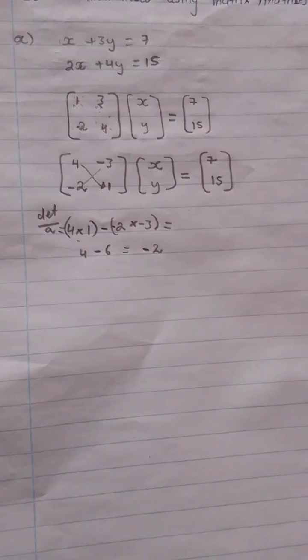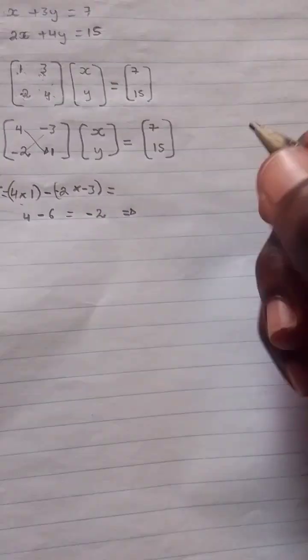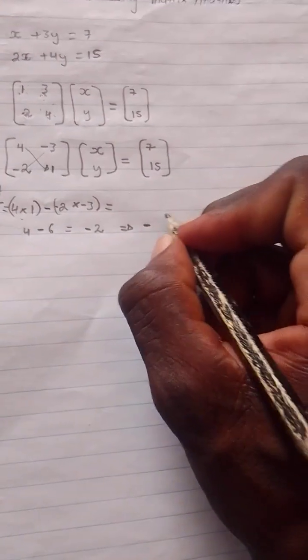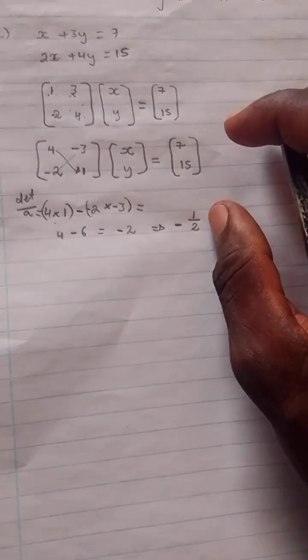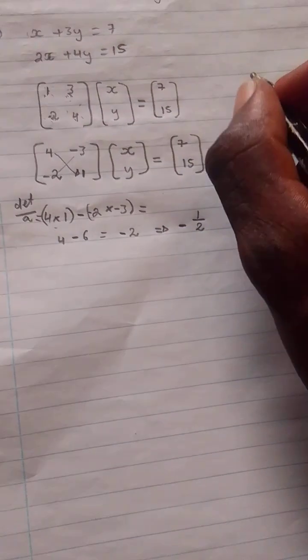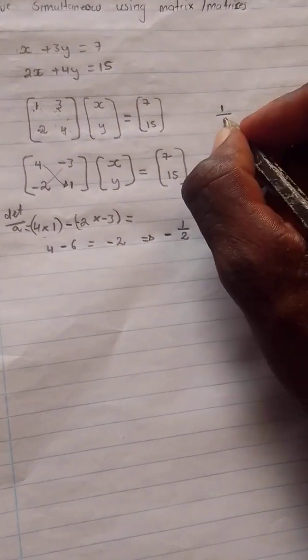And then you find the inverse of this matrix. You can write it like this. You can say it is negative 1 over 2, because the inverse is like 1 over the number.